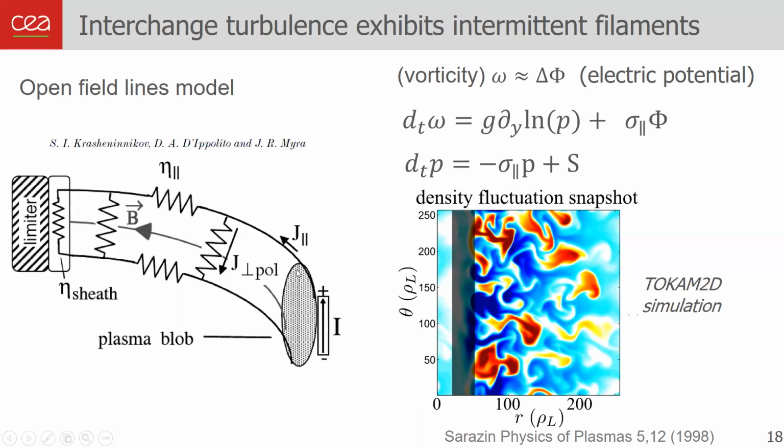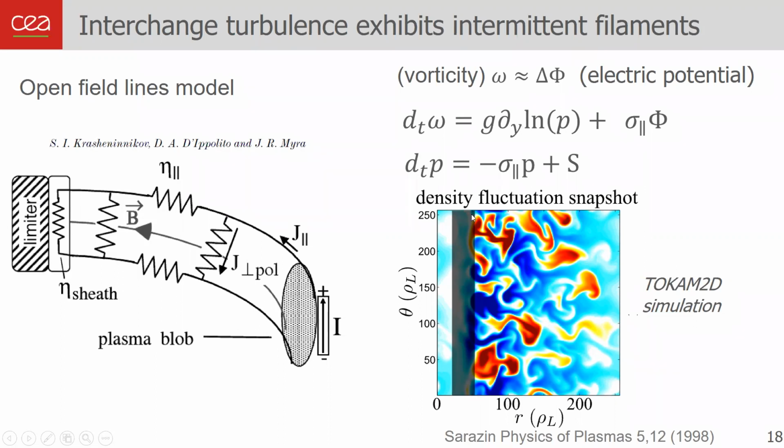In fact, you have parallel currents. Once you have charge separation somewhere along a filament, you have parallel currents appearing. That could be slowed down by parallel resistivity, and at some point is slowed down by the sheath resistivity, which is a very thin plasma layer between the actual confined plasma and the wall, or the limiter. So you have this very simplistic system of equations, which is, I think, the minimal set you need to get interchange turbulence.